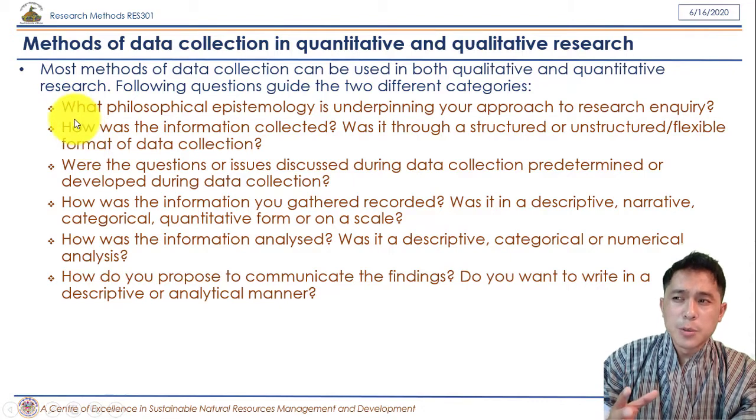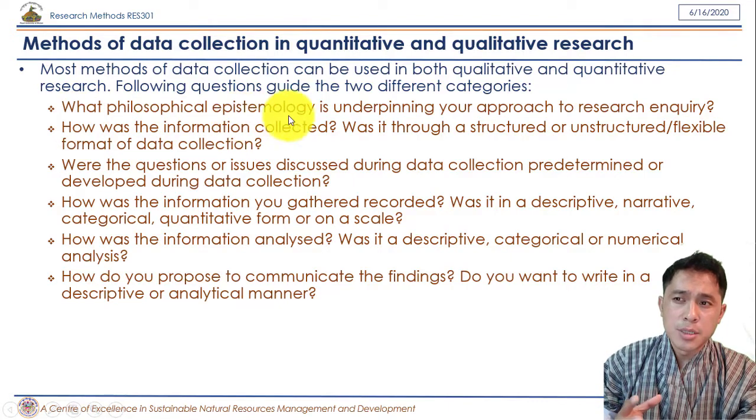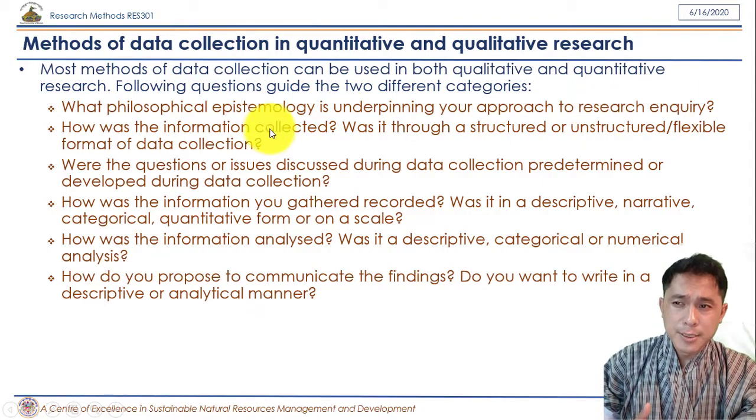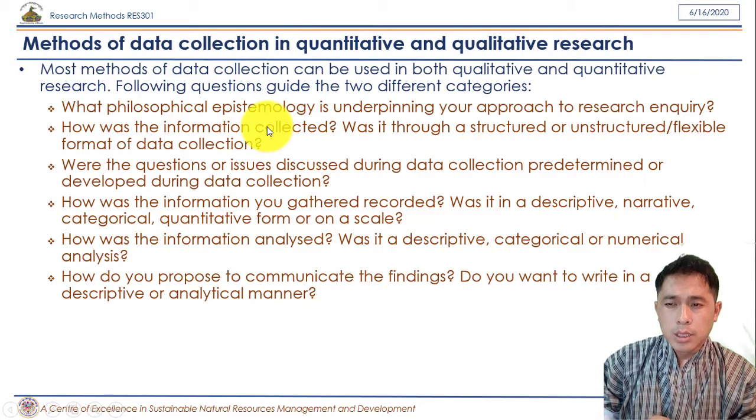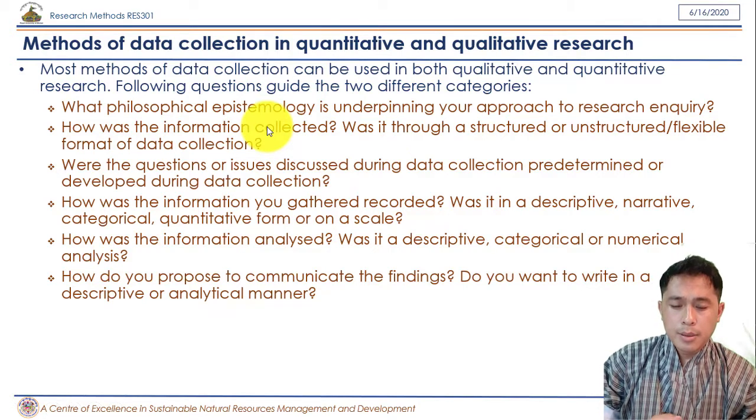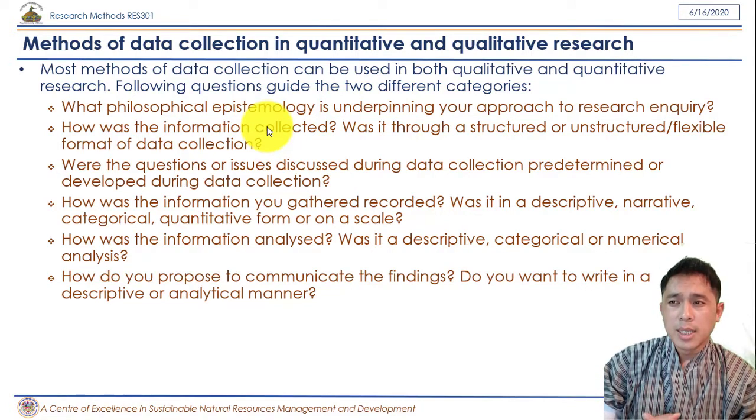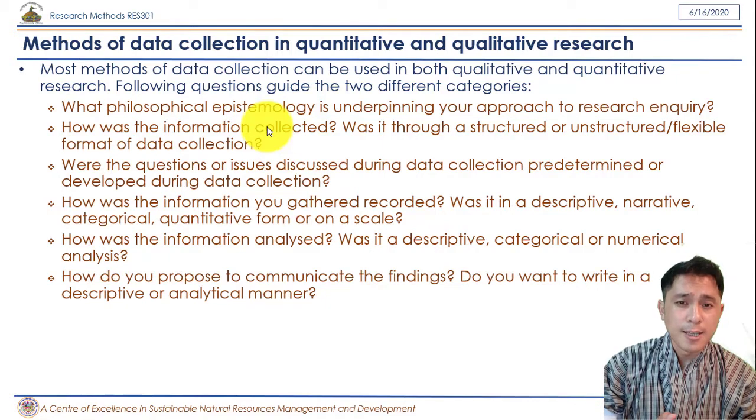So the first one is, what philosophical epistemology is underpinning your approach to research inquiry? For example, I want to start my research with an interview. So all of us know what an interview is right now. So interview is my research approach, let's say.